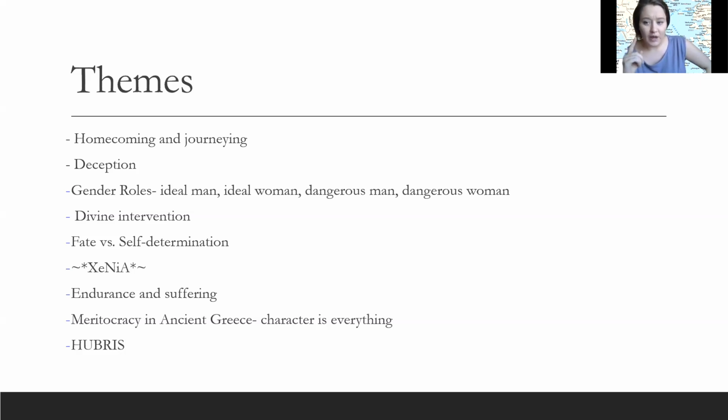But the way Homer writes shows that he actually has a lot of awareness of these things as social constructs, and that maybe with some of his writing, he's playing with these gender roles a little bit and trying to give a different perspective on maybe the dangerous man or the dangerous woman, or finding things about the ideal man or the ideal woman that are less than ideal.